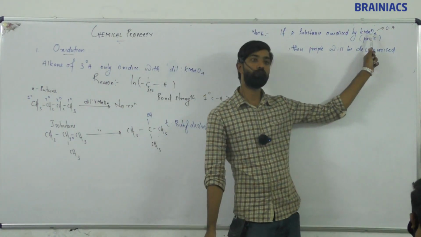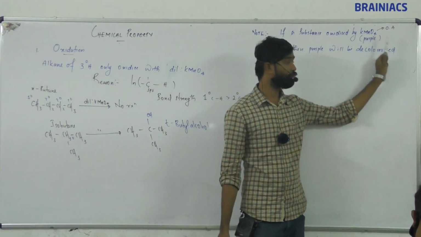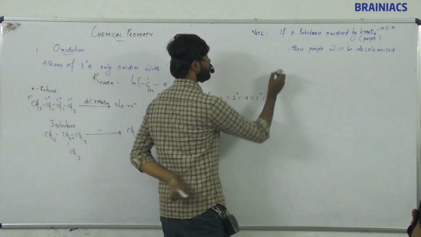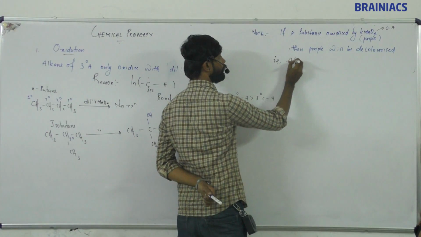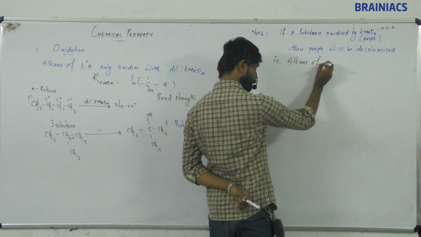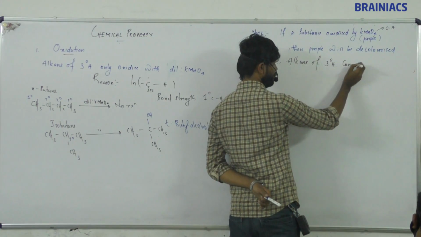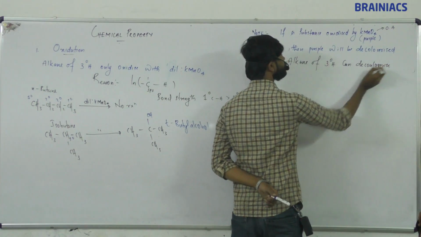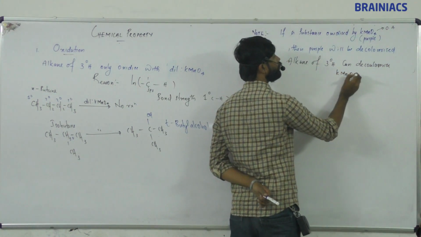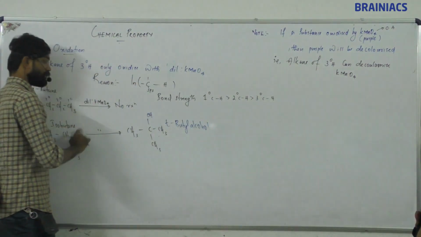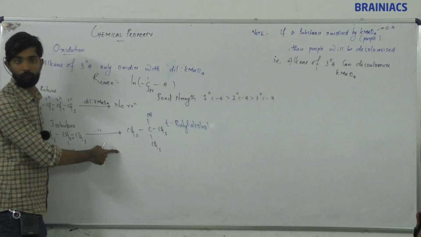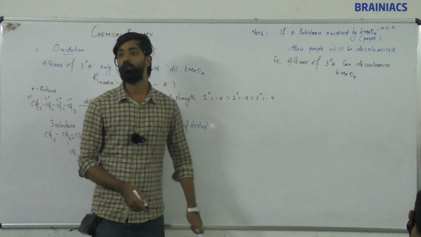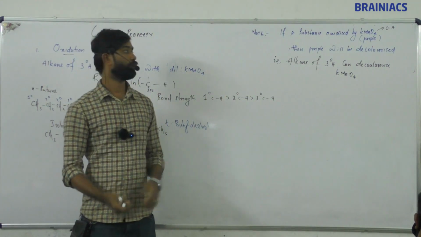An alkane with tertiary hydrogen can decolorize KMnO4. Why? Because the tertiary hydrogen will be oxidized by KMnO4, so the color of KMnO4 will disappear.